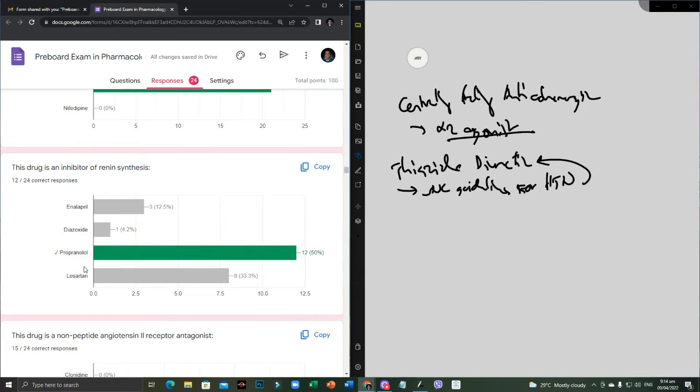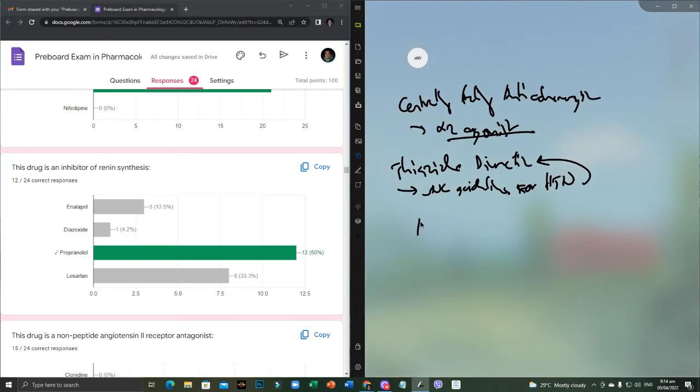This drug is an inhibitor of renin synthesis. Normally, class, for a renin synthesis inhibitor, we have the drug aliskiren, which reduces renin. Obviously, in our options, there is no aliskiren. So why propranolol?